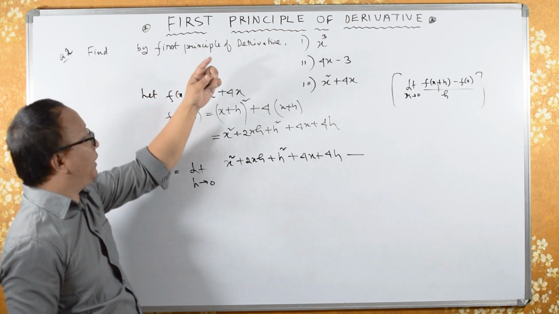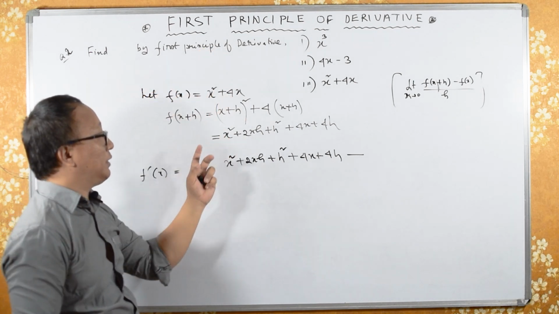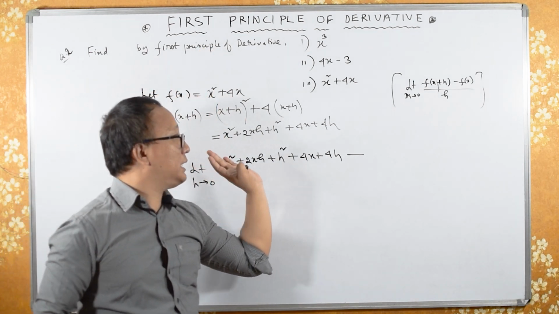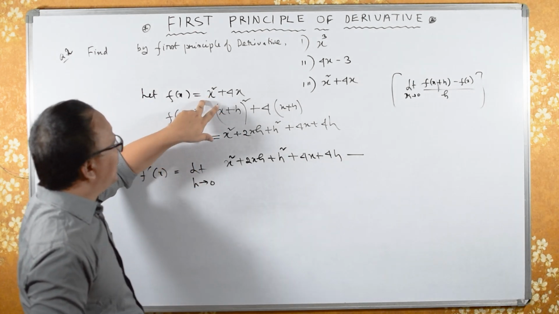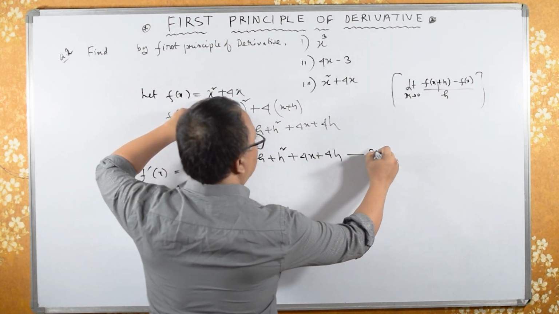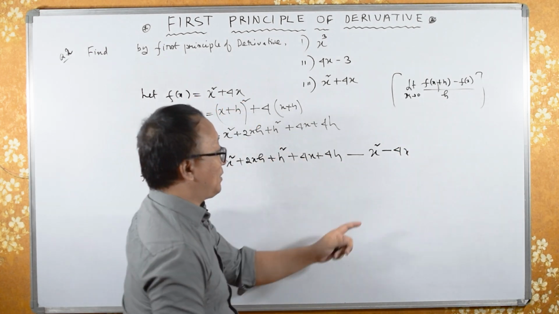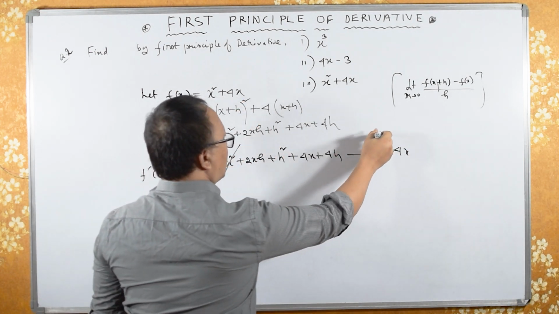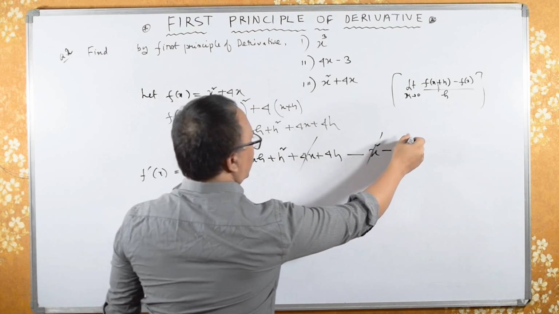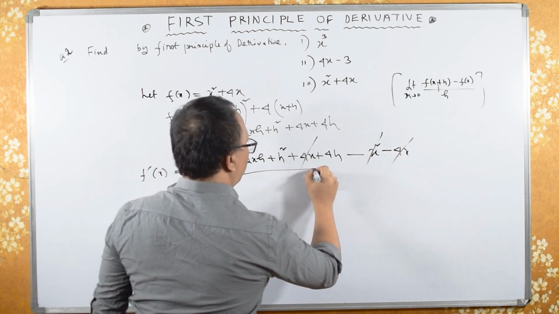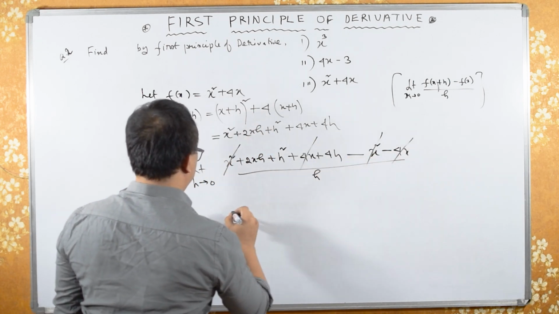This is my f(x). f(x) is x square plus 4x. So I am sending minus inside, and I will get minus x square minus 4x. Here x square gets cancelled, 4x gets cancelled, upon h.